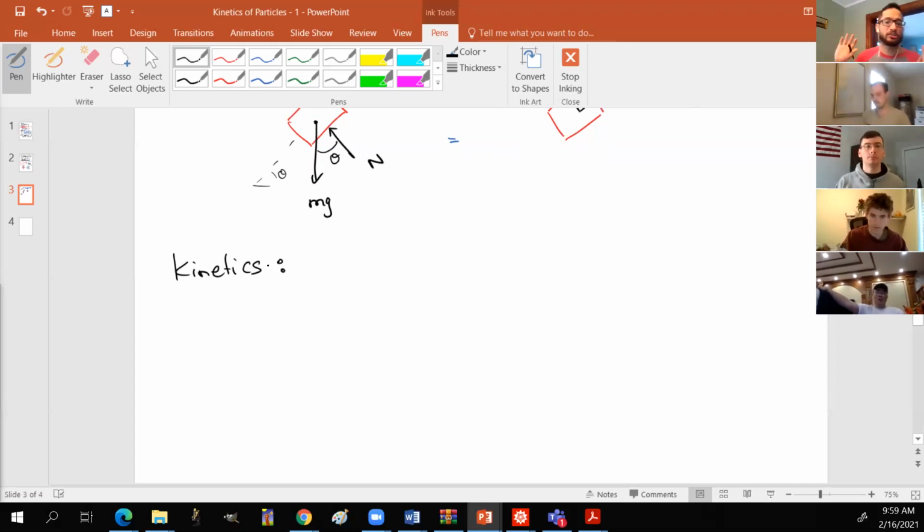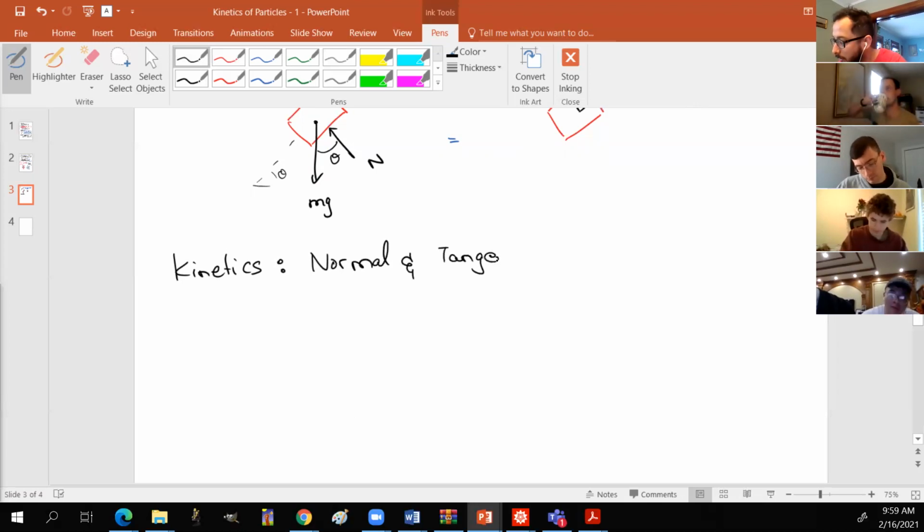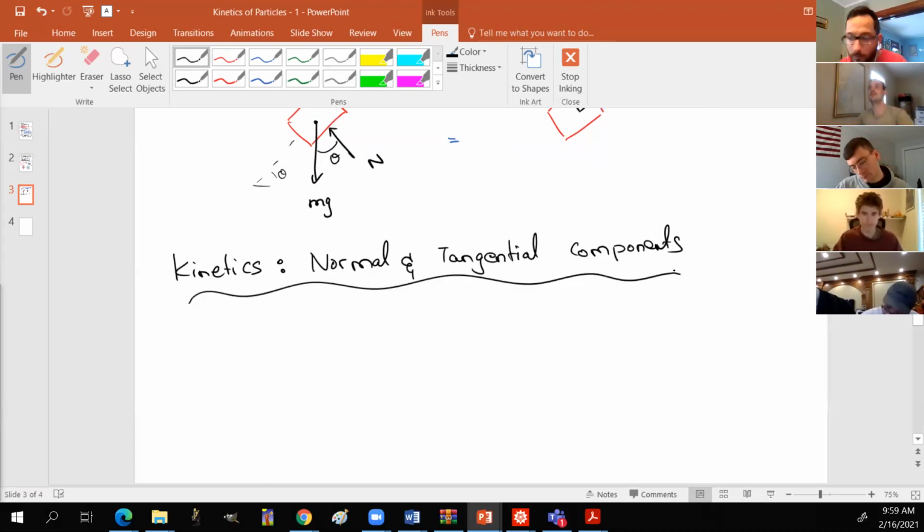All right, so let's just complete the picture, draw out our particle free body diagrams, and remember what the accelerations are so that we don't have to go back and look at our notes for kinematics, right? So let's first look at our normal and tangential components. Usually when you're looking at normal and tangential components, you'll have an arced path, right?